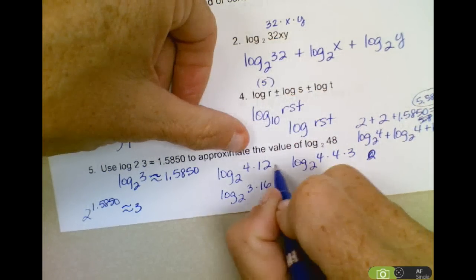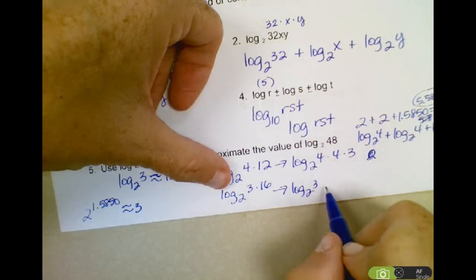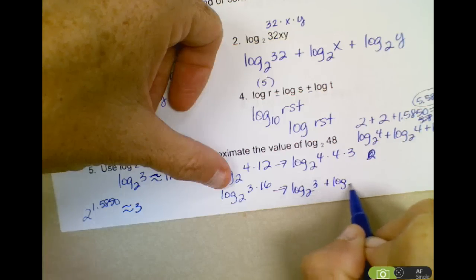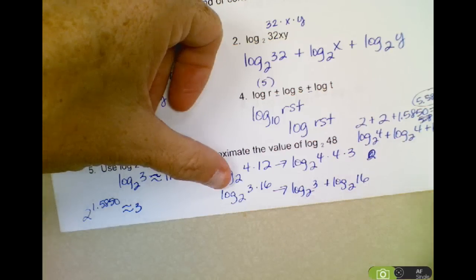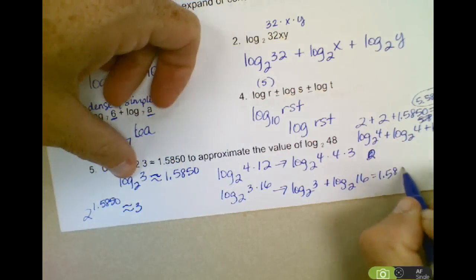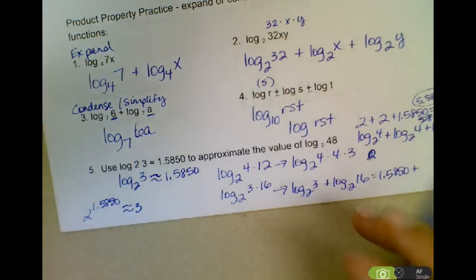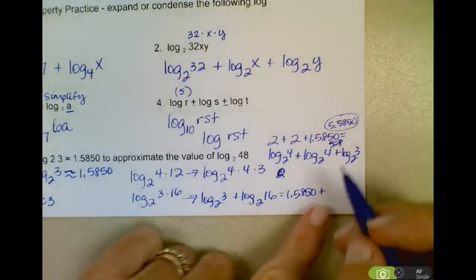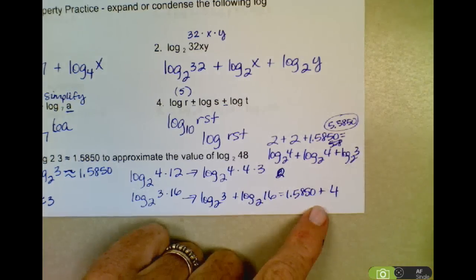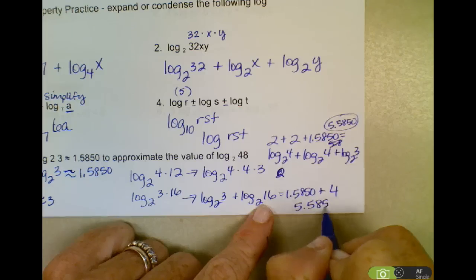So expanded, that means log base 2 of 3 plus the log base 2 of 16. Okay, so that's 1.5850, because they told me that, plus 2 to what power gives you 16? Well, I know 2 to the third is 8, so 2 to the fourth must be 16. And if I total this up, I again get 5.5850.